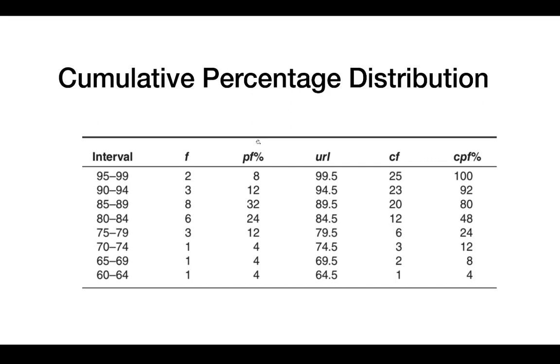And the only way a student can be sure of beating all the scores in the 85 to 89 interval is to score at the top of that interval, which is 89.5.